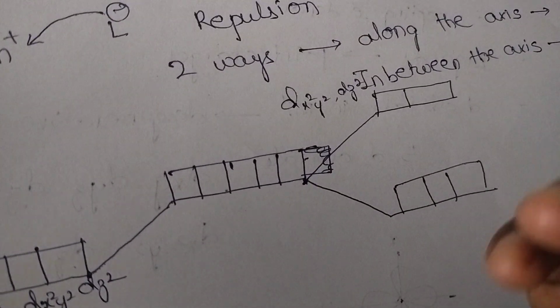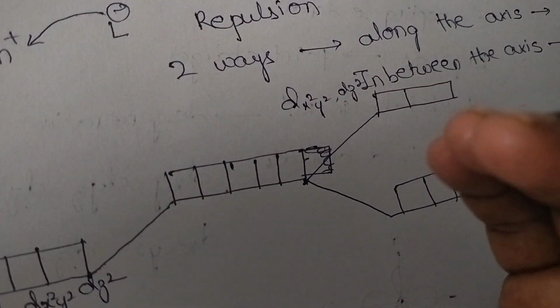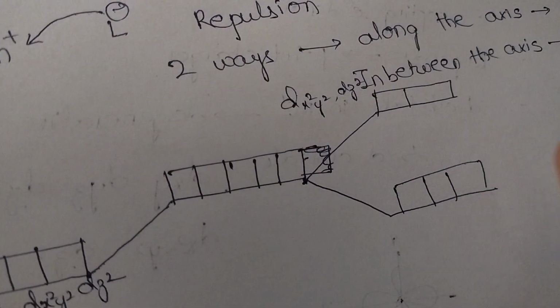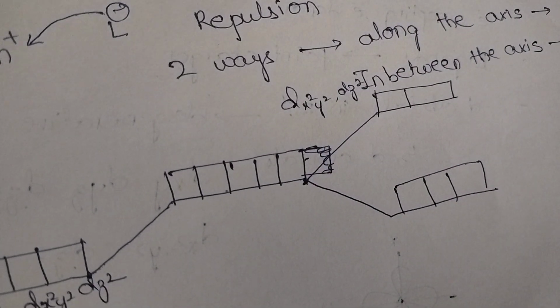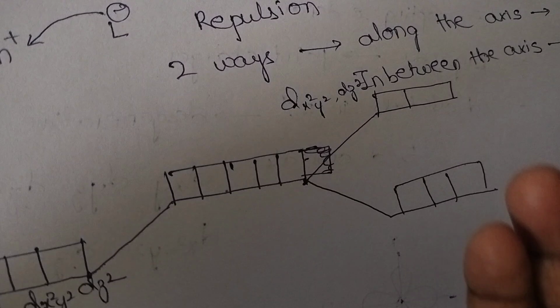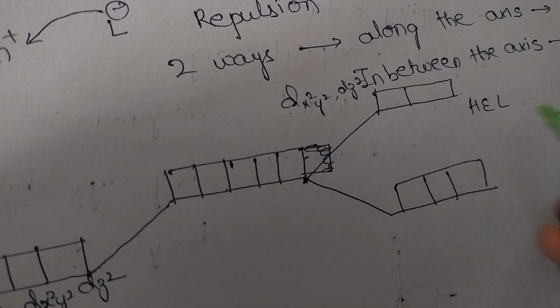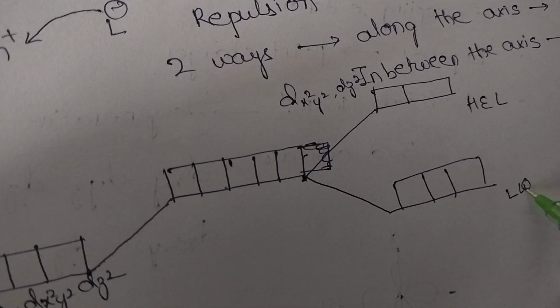In this way, there is a splitting of degeneracy. The degeneracy of the metal ion's d orbitals will be disturbed, and the d orbitals will be segregated into two categories, higher energy orbitals and lower energy orbitals.